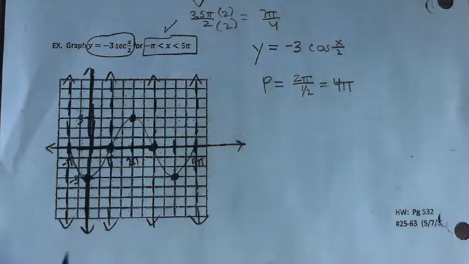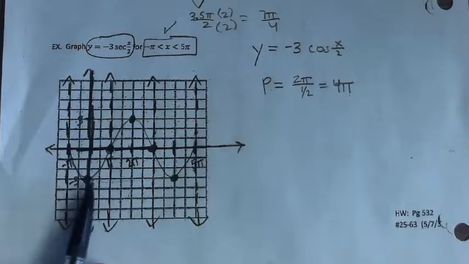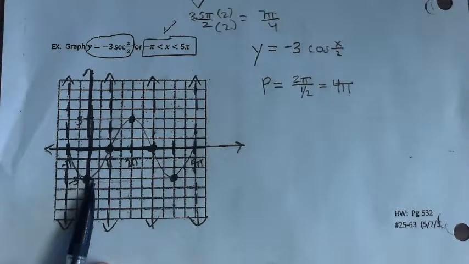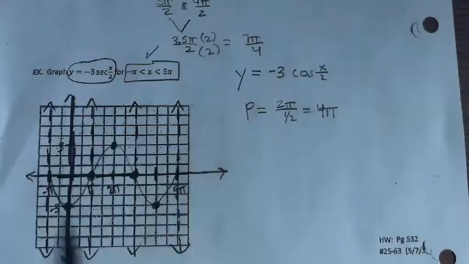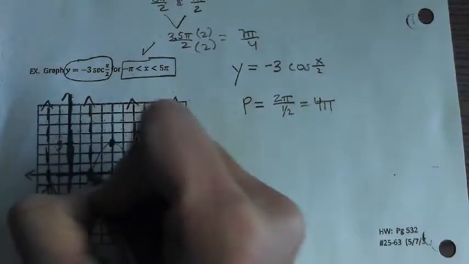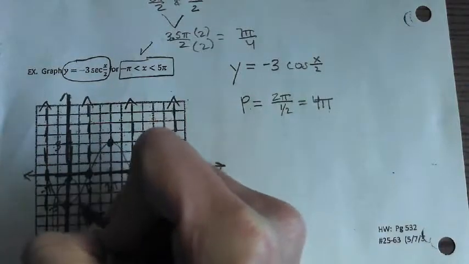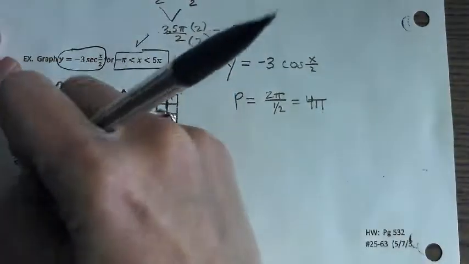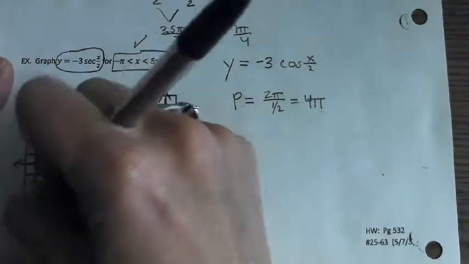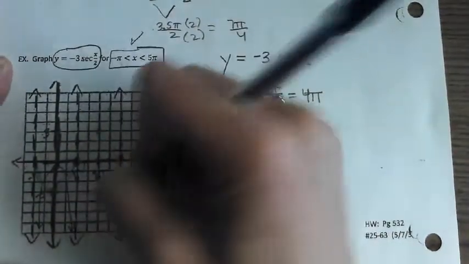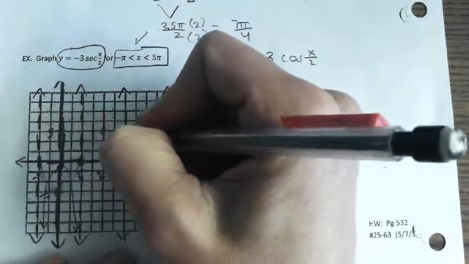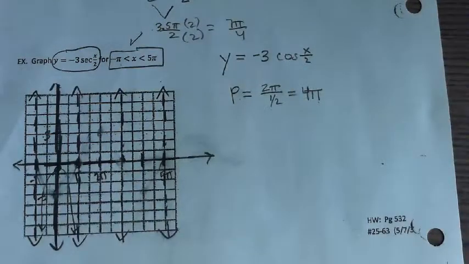So starting with our negative 3. What's the reciprocal of negative 3? Negative 1/3. So teeny tiny. And then this is going to come down. I'm going to get rid of my guide right now because I don't want to have to erase a lot of my work. I can still see where it was.